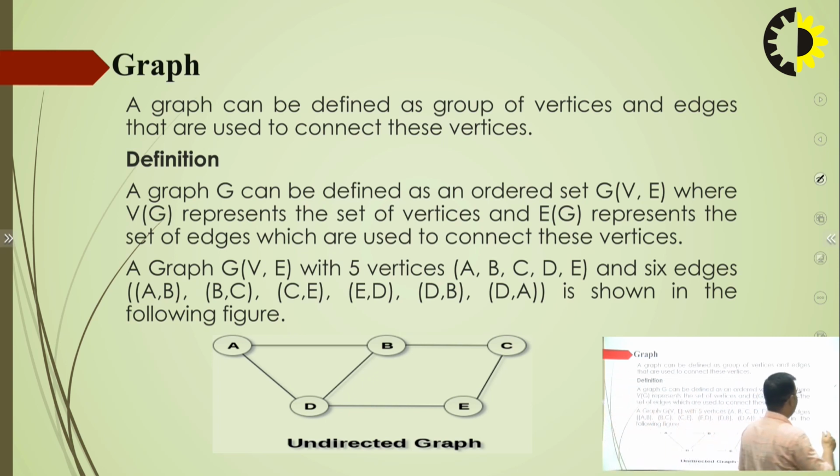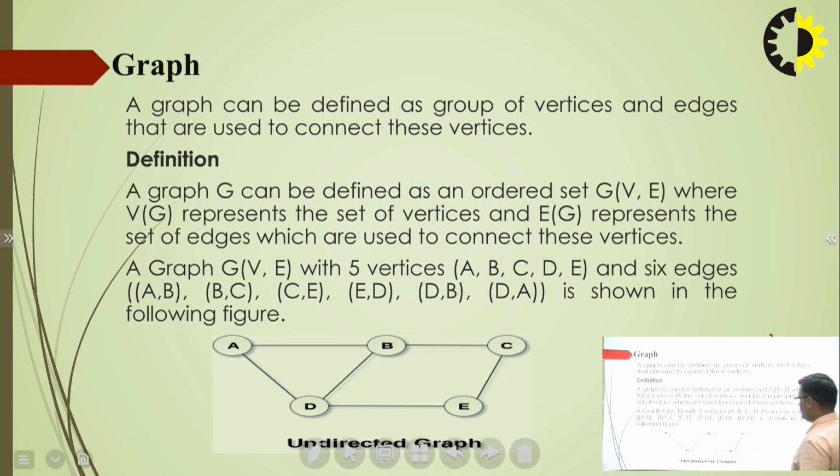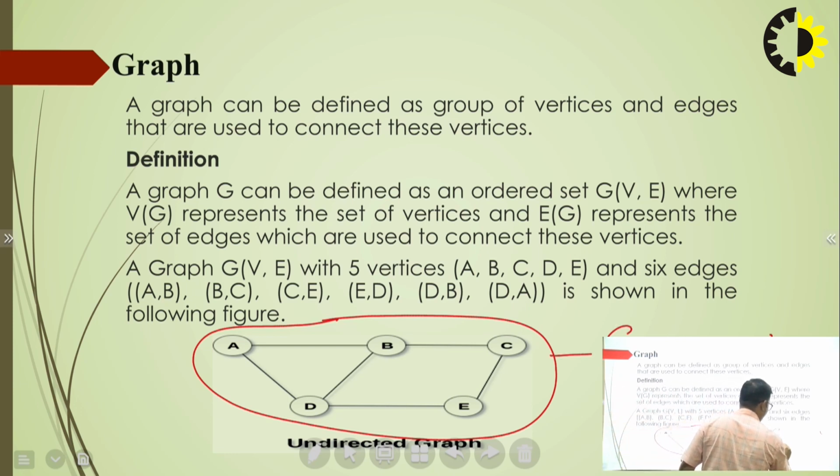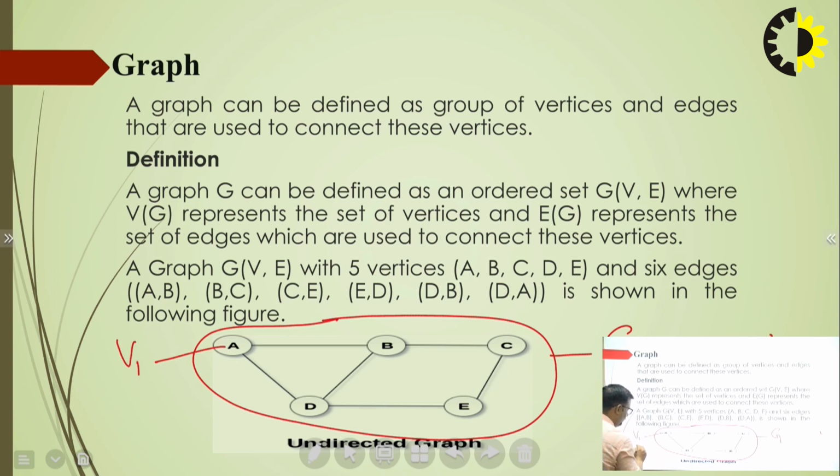This graph is a collection of vertices and edges. Okay, suppose that this is the graph, and these are the vertices V1, V2, V3, V4 and V5, and these are the edges.